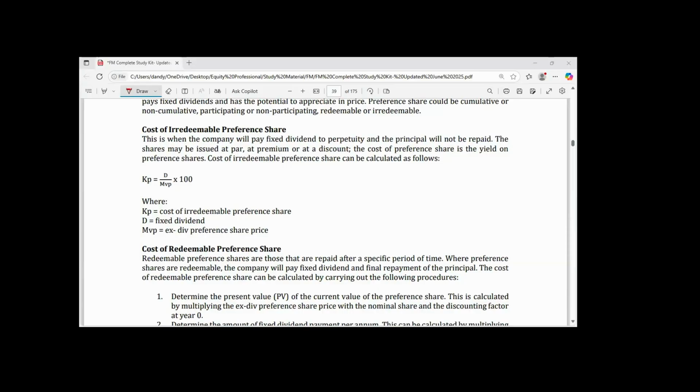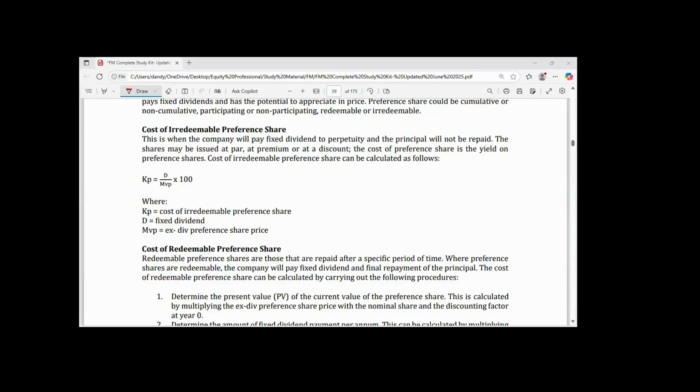The cost of preference share is the rate of return expected by the preference shareholders from their investment in a company. I repeat, cost of preference share is the rate of return expected by the preference shareholders from their investments in a company.